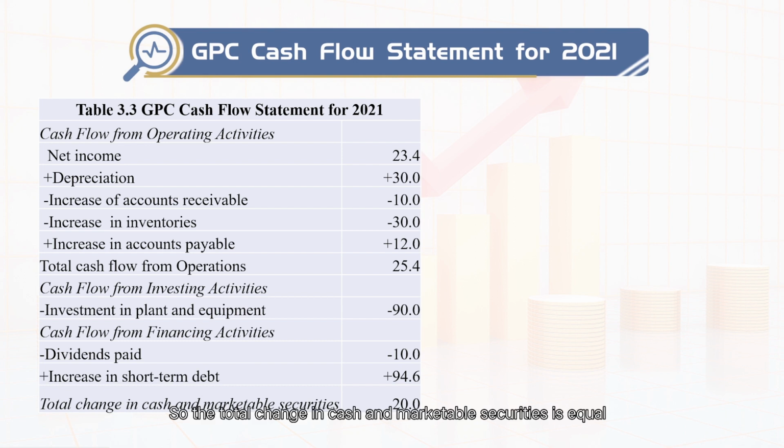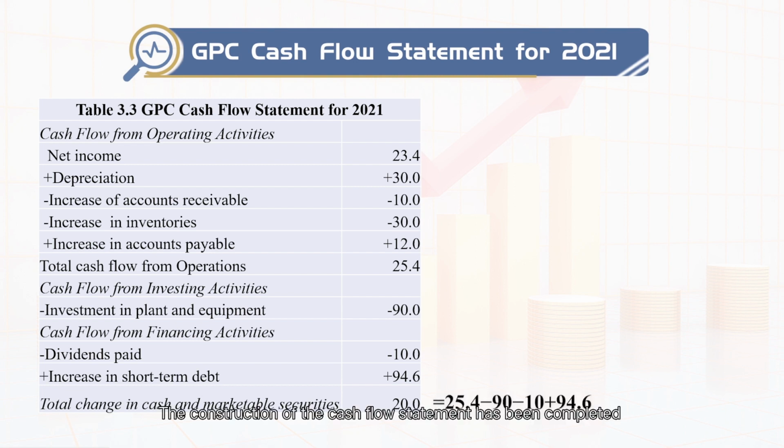So, the total change in cash and marketable securities is equal to the cash flow from operations, $25.4 million, plus the cash flow from investing activities, minus $90 million, plus the cash flow from financing activities: dividends paid, minus $10 million, plus increase in short-term debt, $94.6 million, which is $20 million.